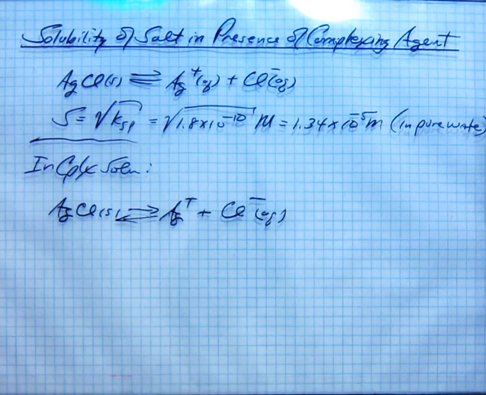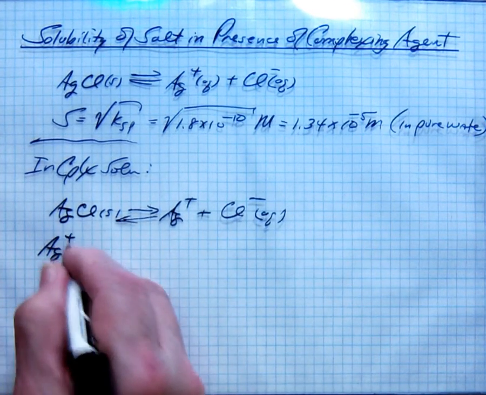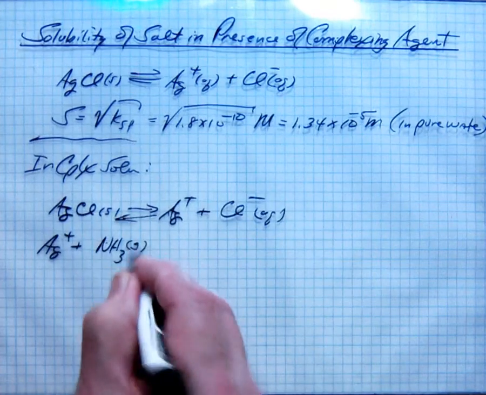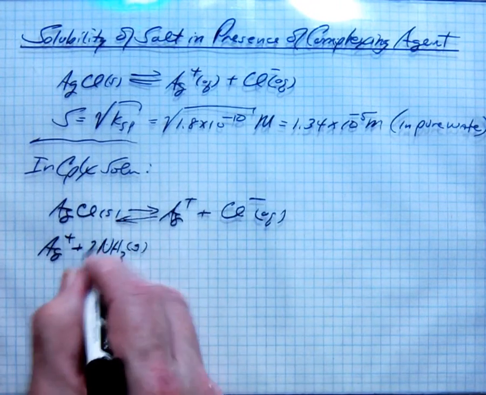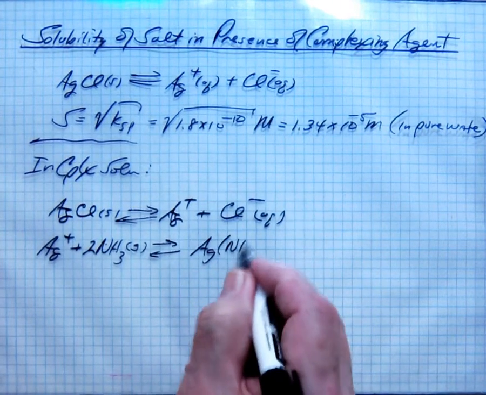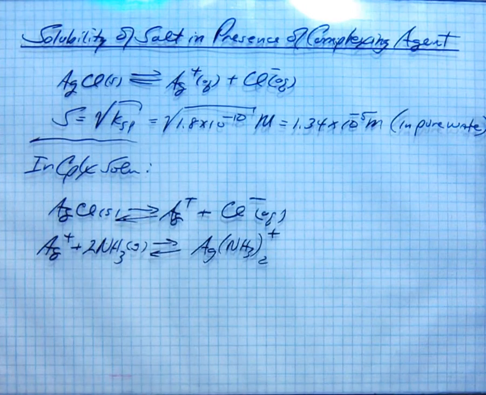And if ammonia is added into this, ammonia will react with the silver very quickly to produce a silver amine complex like that.